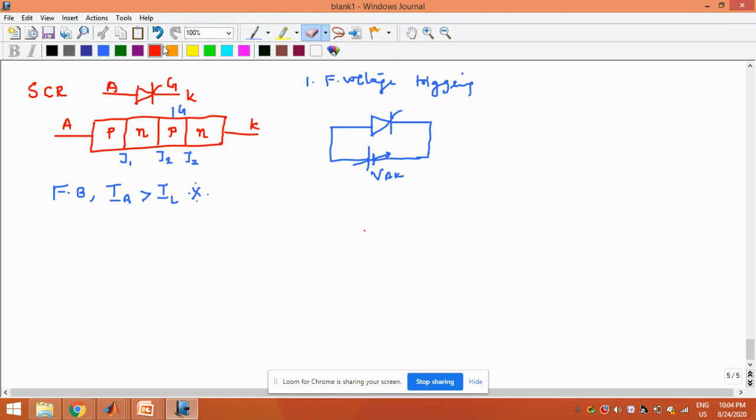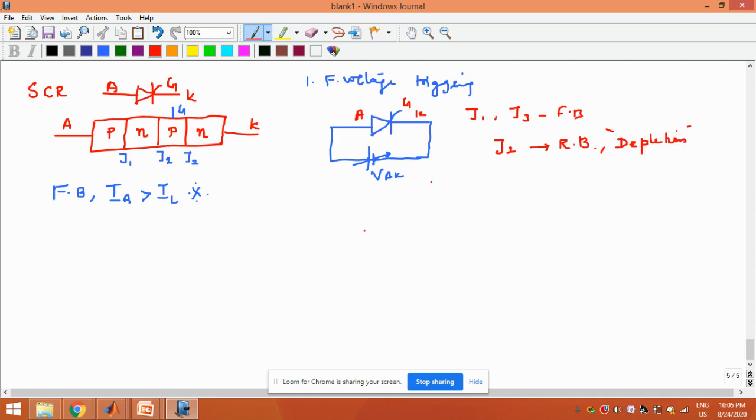When we do so, what happens is, this is anode and this is cathode and gate. So if you keenly watch this, when you apply a forward bias, the junctions J1 and J3 are forward biased, and J2 is reverse biased, right? Which is having a depletion layer.